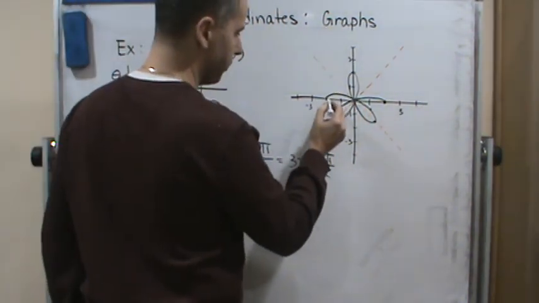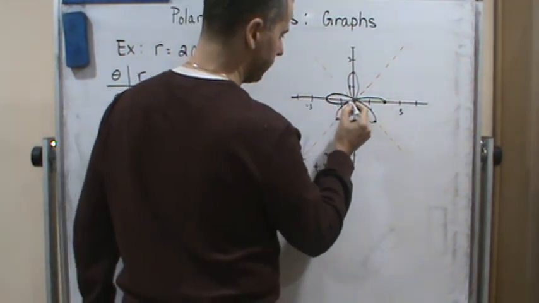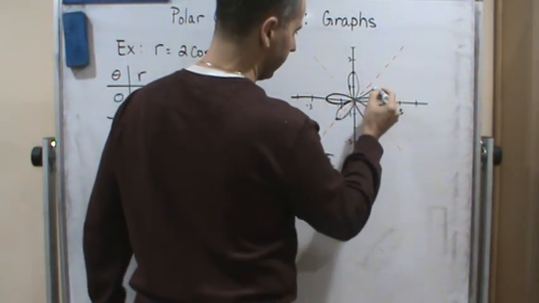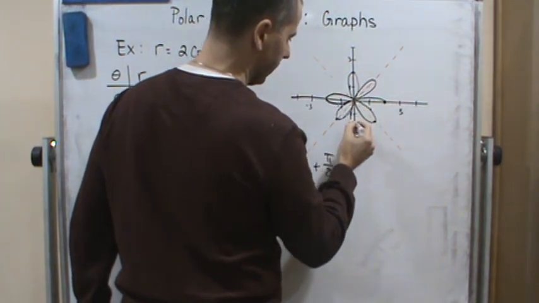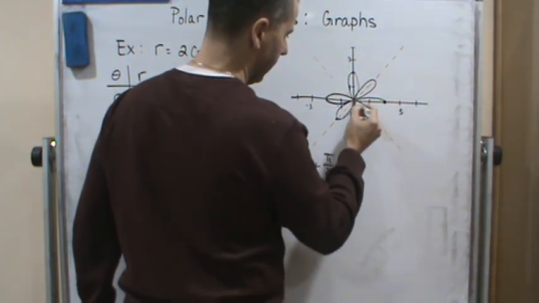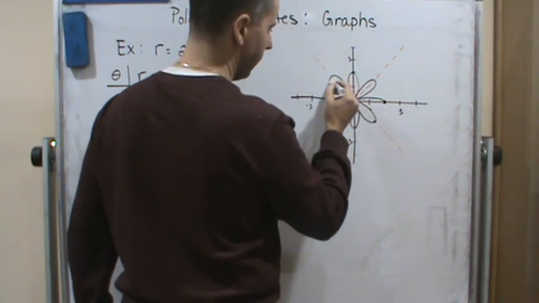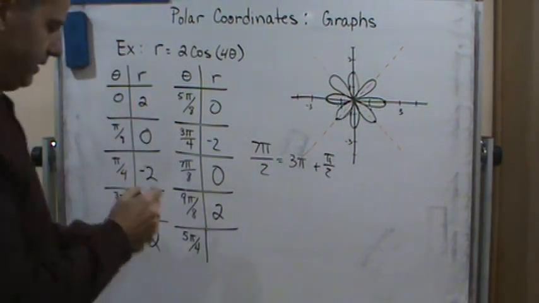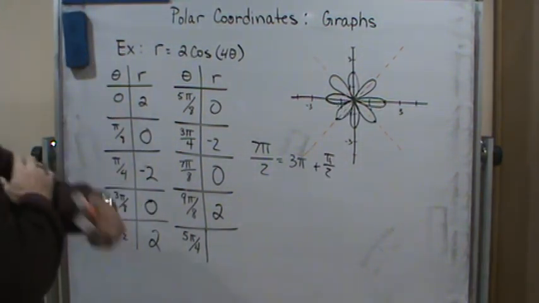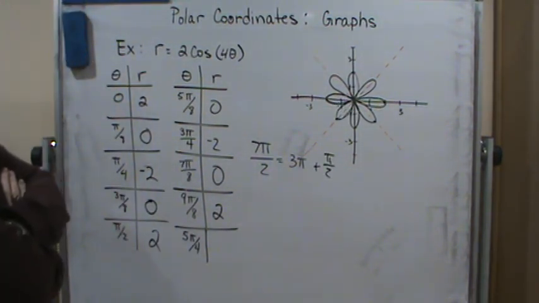And watch what happens. So then I'm going to keep going like so. And then it's going to continue like so, and like so, until we finally reach where we started. Okay.